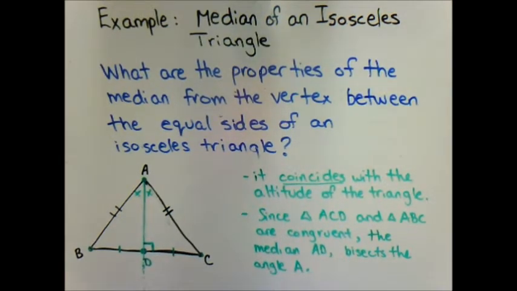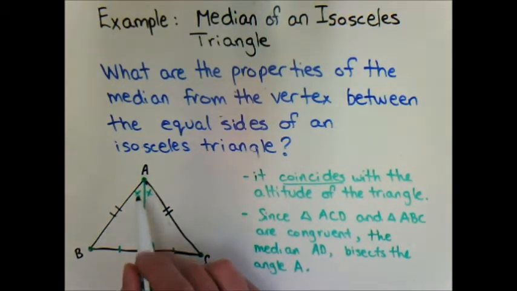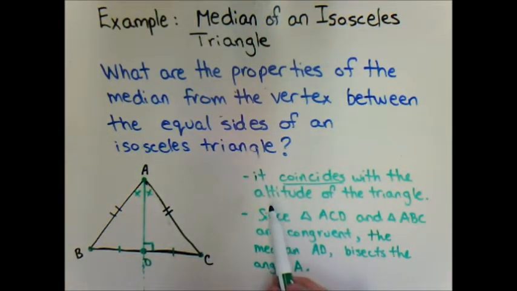And there are 2 properties of the median from the vertex between the equal sides of an isosceles triangle. The median coincides with the altitude of the triangle, so it's the same line as the height of the triangle, the altitude.